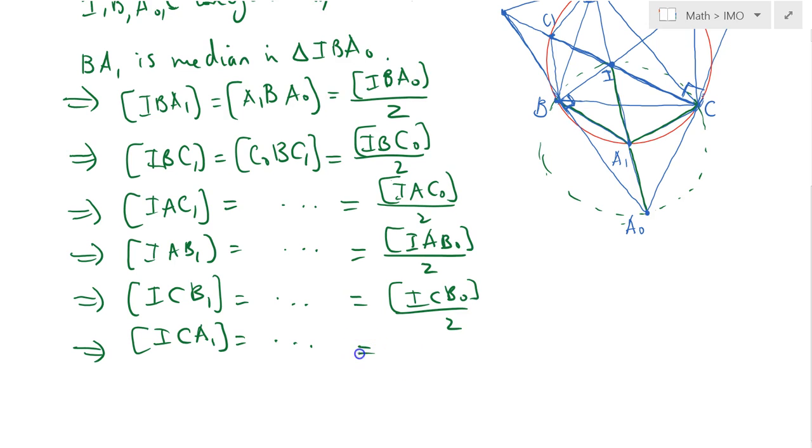is simply equal to half of the area of ICA0. So now we can simply add the left hand and the right hand sides.